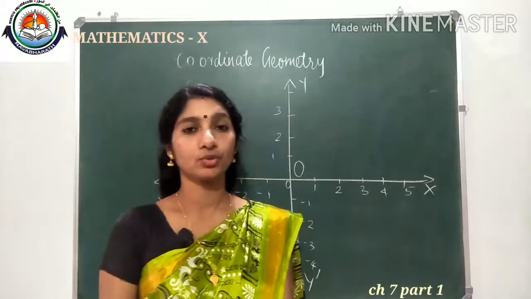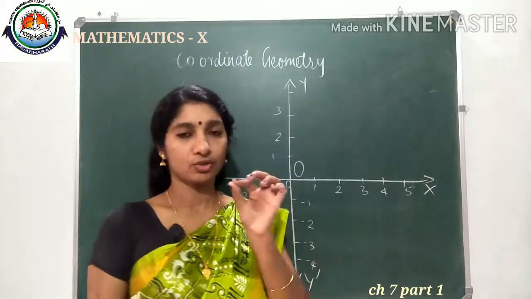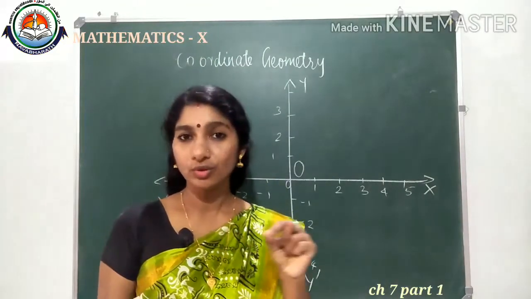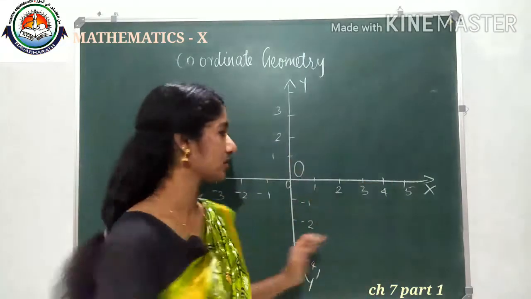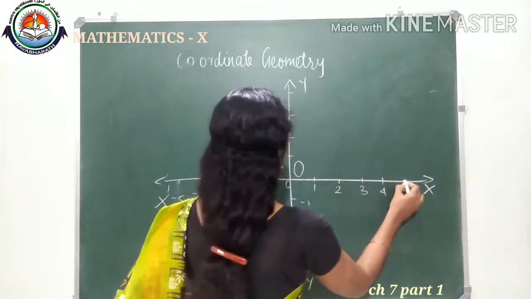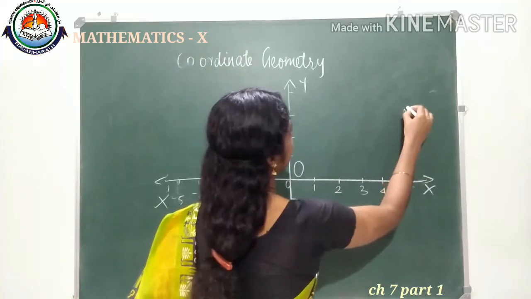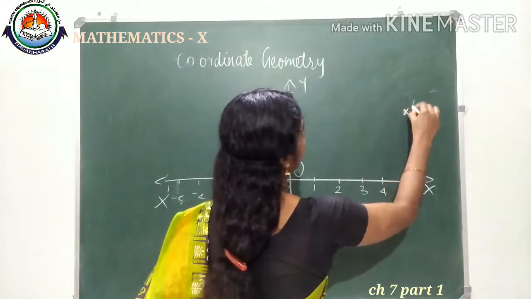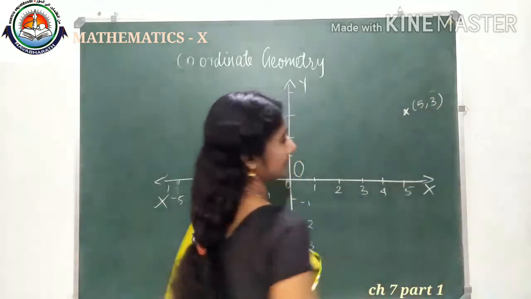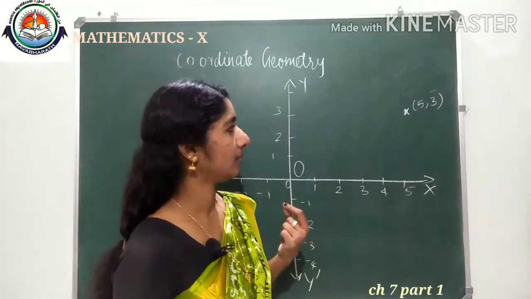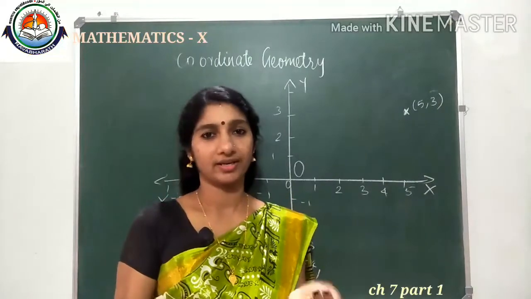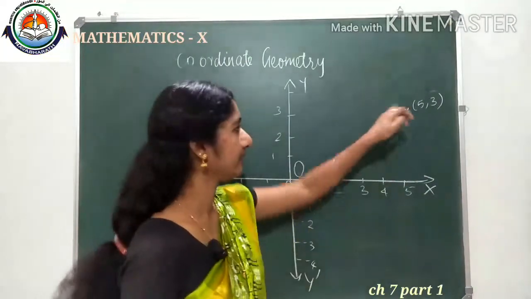Now if I am asking you to reach the point, you should start and move horizontally 5 units and vertically 3 units. Of course, you all will mark the point 5, 3. This is the point 5, 3. And we will express that point in this way.